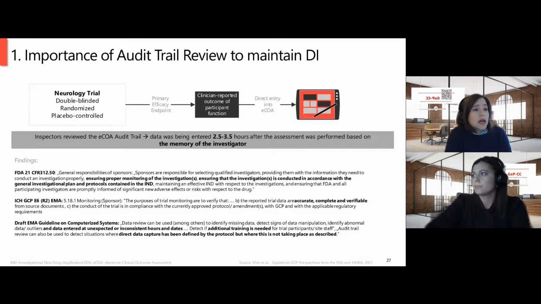So in this case, there should be a monitoring plan in place also for the oversight of the clinics, ensuring that the data entry was contemporaneous according to what the protocol expected.